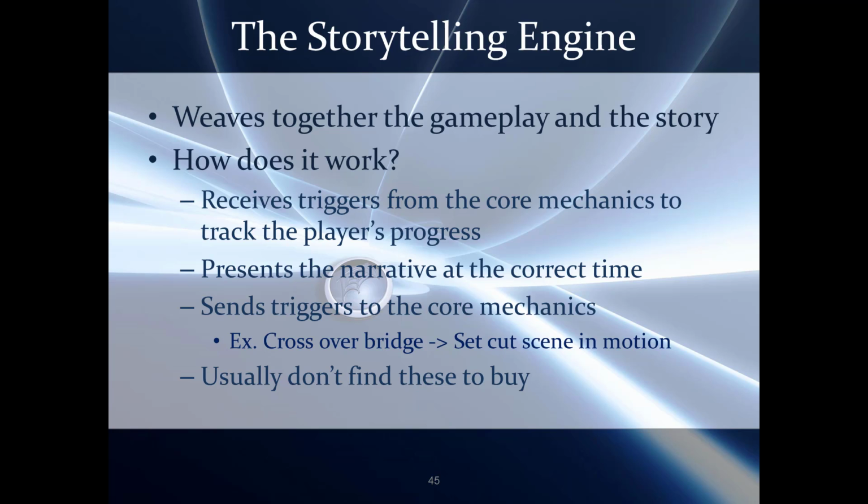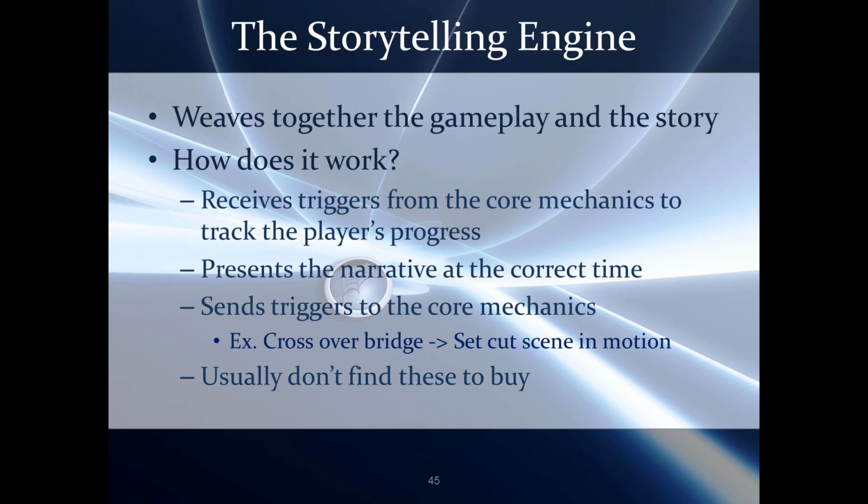This could be movement, could be clicking on a non-playing character, whatever. And there's going to be triggers going in and triggers coming out of our game engine. So that first bullet talks about your character moving around, and as he's interacting with his environment, it's talking to the game engine. Likewise, there's going to be triggers coming out of it.